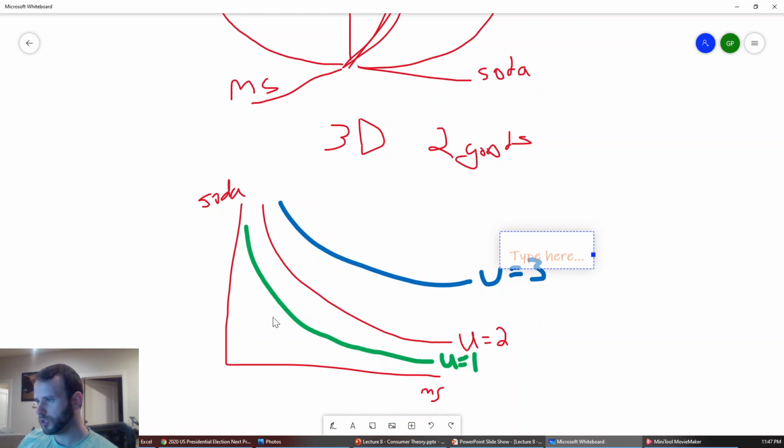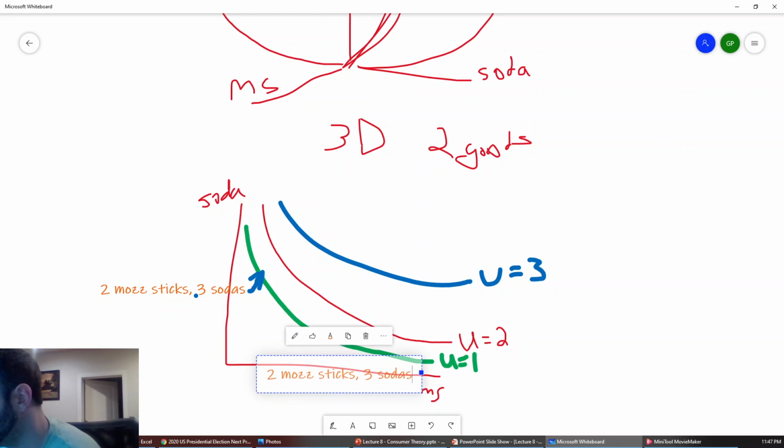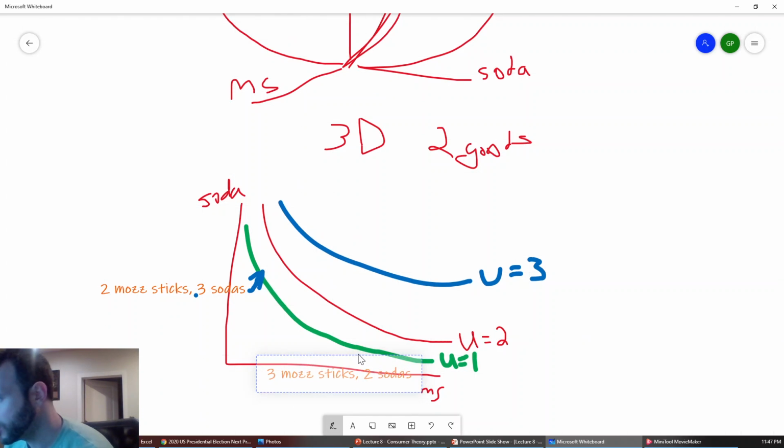So you might have a point. Let's say 2 mod sticks, 3 sodas over here. You might have a point 3 mod sticks, 2 sodas over here.